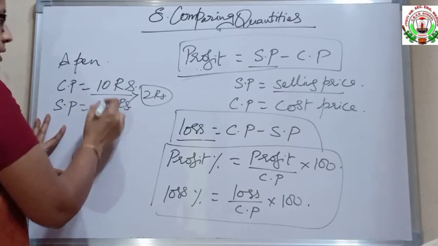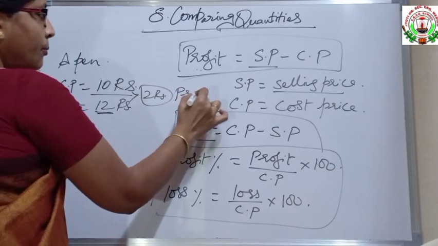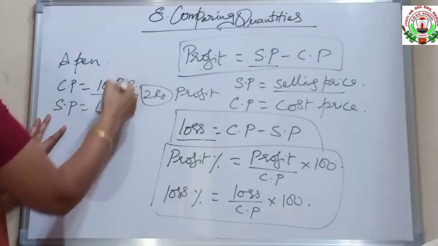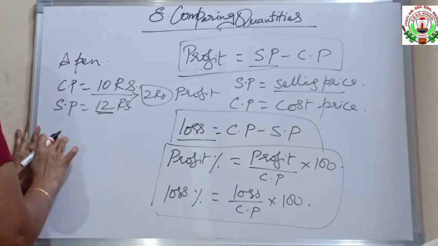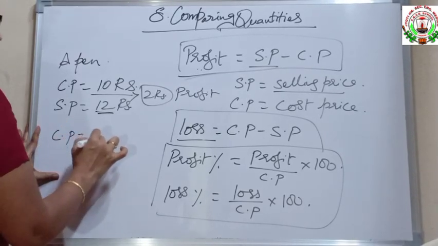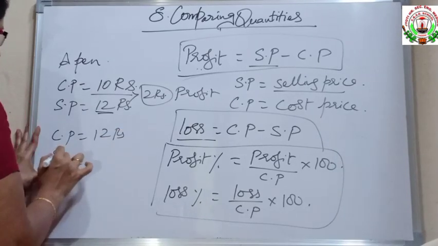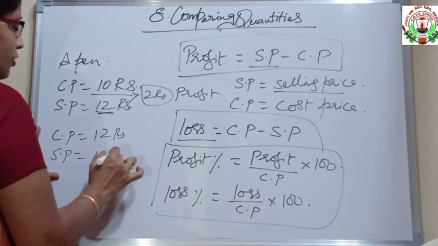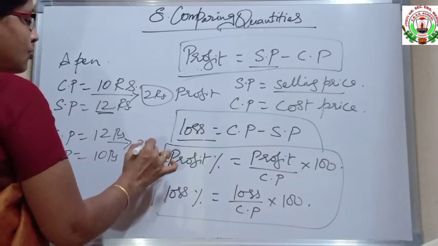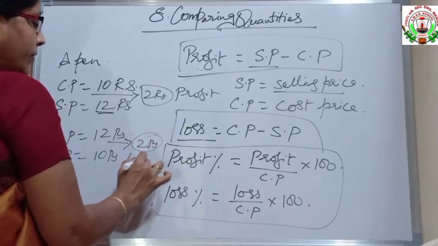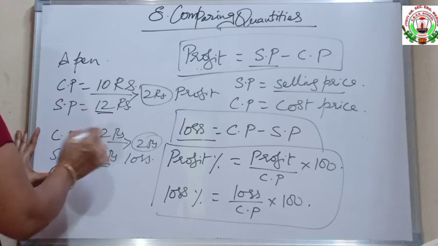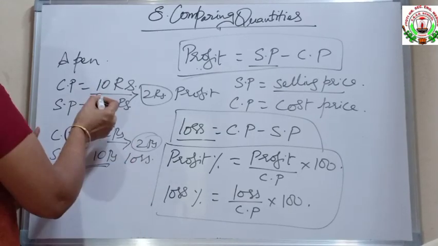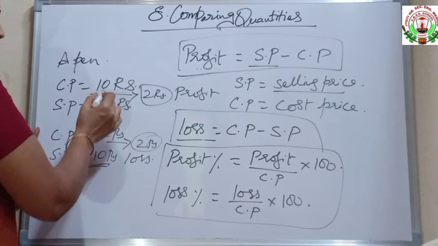And in reverse, if the cost price is 12 rupees and selling price is 10 rupees, so this 2 rupees is the loss, because here selling price is less than the cost price.